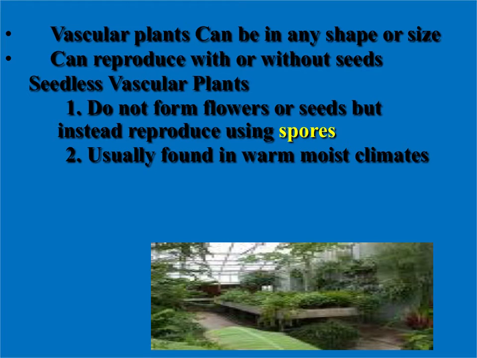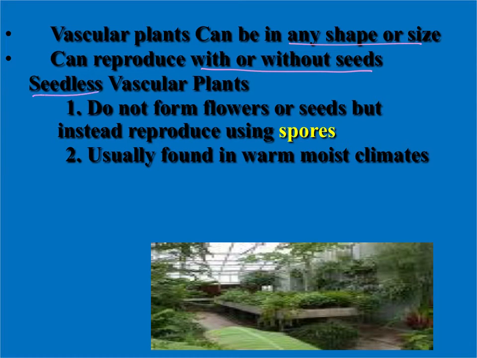So vascular plants are much different than non-vascular. Remember I said non-vascular plants don't have that vascular tissue to transport food and water long distances, so they're very small. Vascular plants can be any shape or size. They can reproduce with or without seeds. Vascular plants are classified by either having or not having seeds, and the seeds are for reproduction.